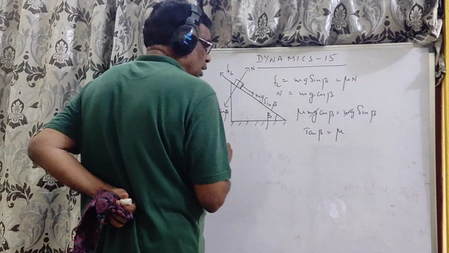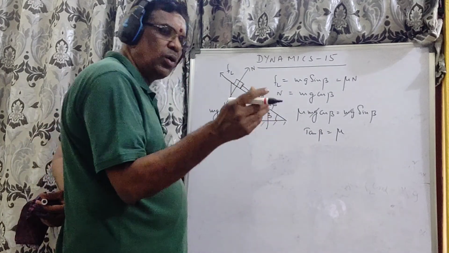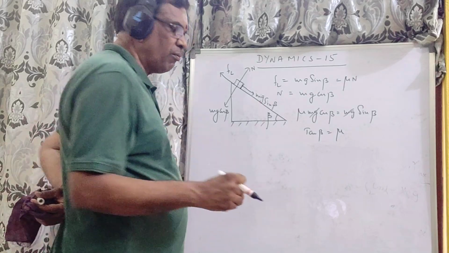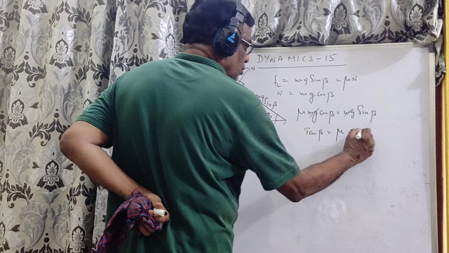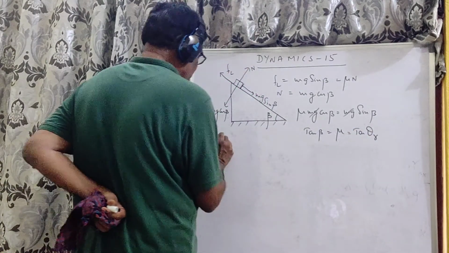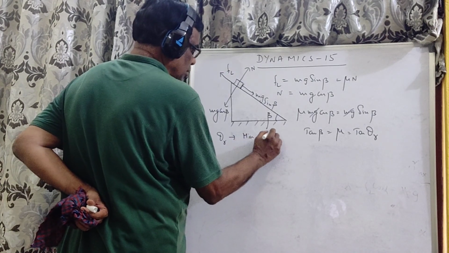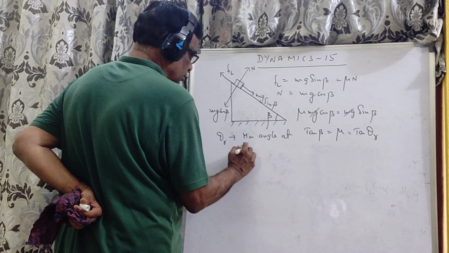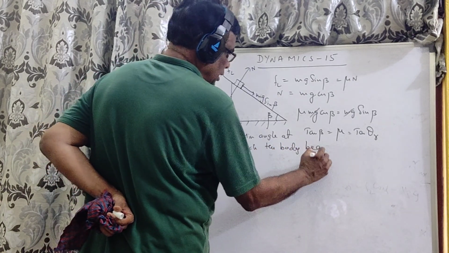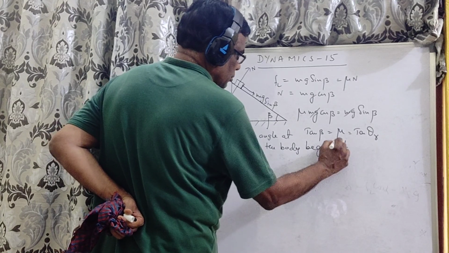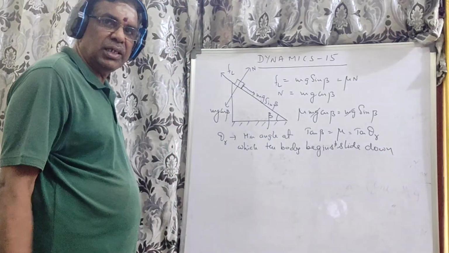Now this beta, when the body begins to slide down on its own, that angle is called the angle of repose. Incidentally, we will call it tan theta. What is theta? The minimum angle at which the body begins to slide down.